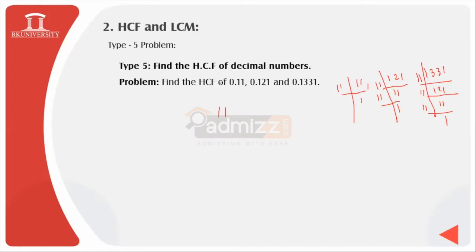We need to find the HCF of the decimal numbers. For that, we need to observe the maximum decimal places in the given question. The maximum decimal places available is 4, since we have 2 decimal places, 3 decimal places, and 4 decimal places. The maximum of these is 4.